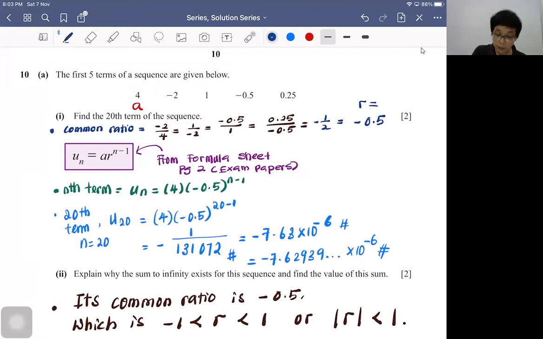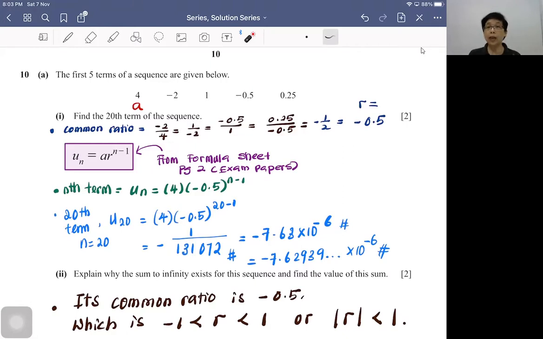Here I put down the common ratio: we take the term and divide by its previous term. Therefore, minus 2 divided by 4, and then you can take 1 divided by minus 2, you can take negative 0.5 divided by 1, you can even take 0.25 divided by negative 0.5, as I have listed all the way here.